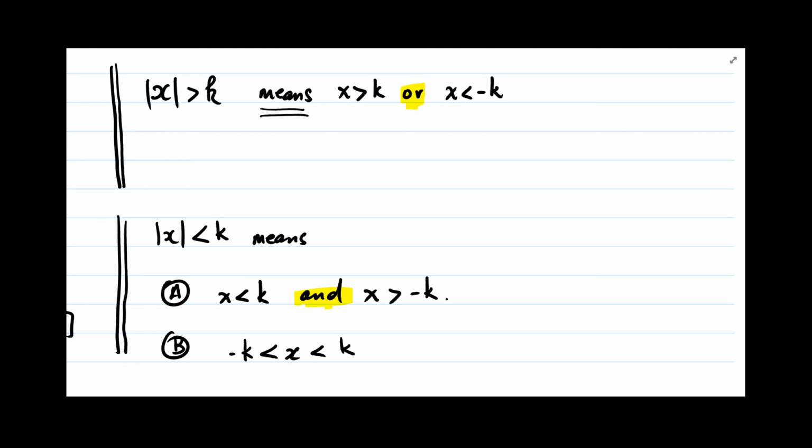When the absolute value is on the left hand side and is greater than some non-negative number, then you have an OR statement, and when we have the absolute value and it's less than a non-negative number, then it's an AND statement.